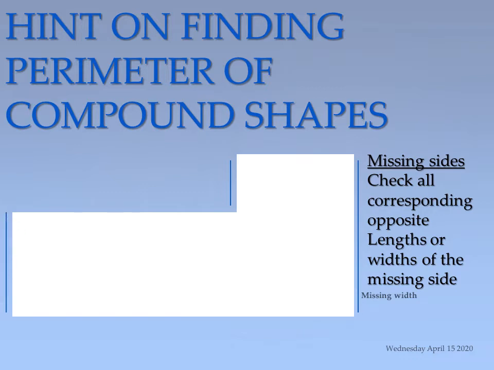You see those two lines? Now, if you add those two lines together, you can see that they align with the missing width. If you put the two of them together, they will give us the full length of the missing width. So, to find this missing width, I will only add the first width to the second width. The total of the two will give me my missing width.